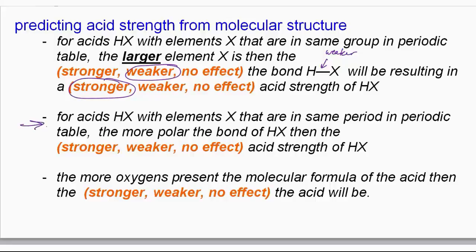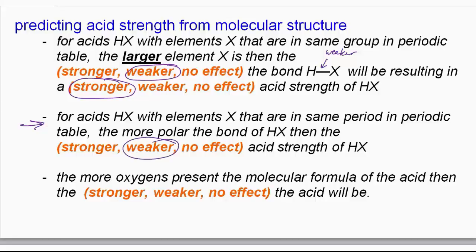For acids HX with elements X that are in the same period in the periodic table, the more polar the bond of HX, then the what? Of the acid strength of HX. Bonds that are really polar are really going to hang on to that hydrogen.